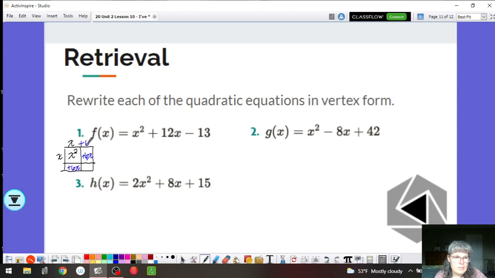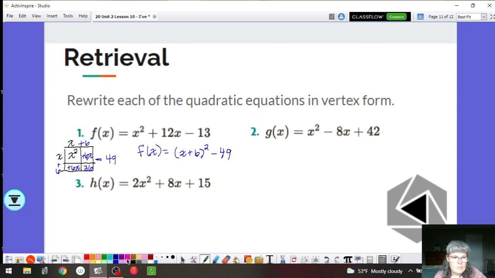So that's going to be a plus 6 and a plus 6, which gives us a 36. But we need to get to negative 13. So we're going to subtract 36 and another 13. We're going to subtract 49. So vertex form will be f of x equals (x plus 6) squared minus 49.